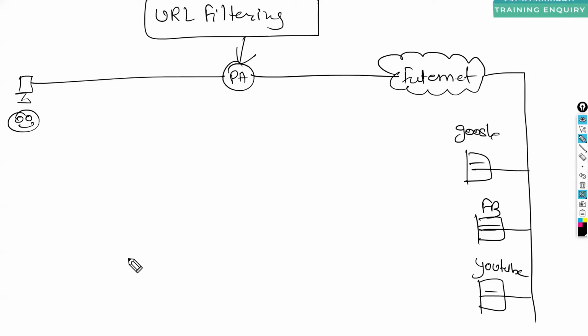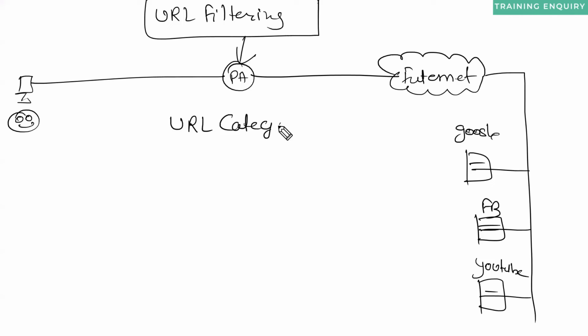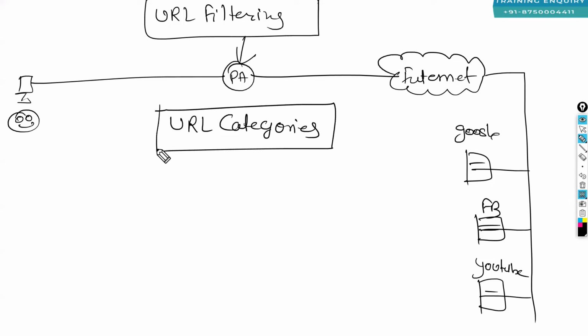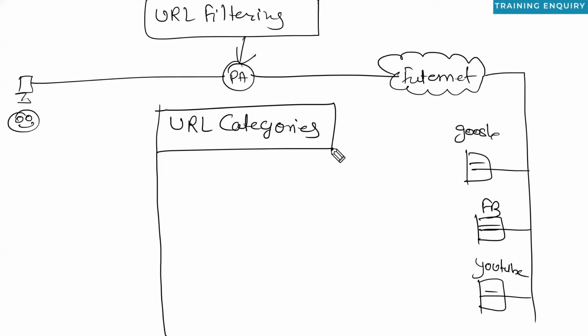When we enable URL filtering on the Palo Alto Firewall, we have URL categories. We have 70 plus categories available on Palo Alto Firewall.